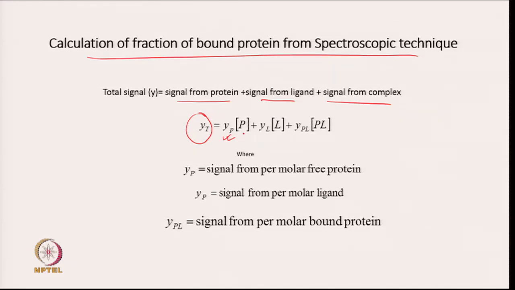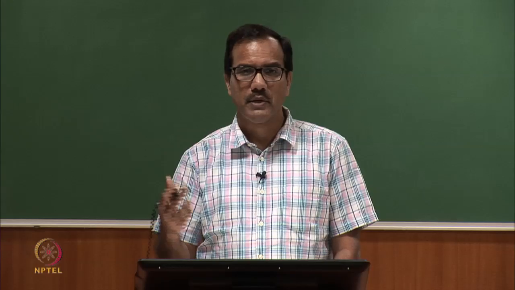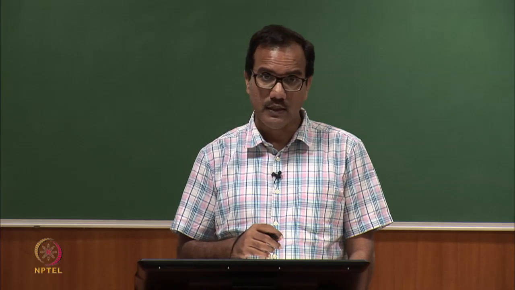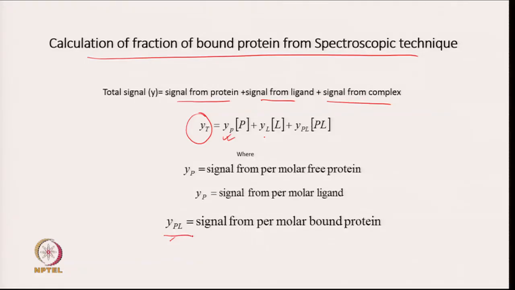So, YP into concentration of P plus YL into concentration of L. Again, YL is signal per molar ligand. So, if we take 1 molar ligand in a solution and then measure fluorescence intensity, that will correspond to YL, and then YPL is signal per molar bound protein. So, 1 molar complex will give you signal, and that is equal to YPL.